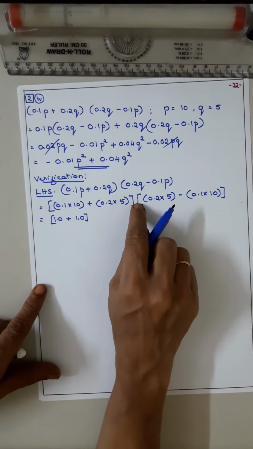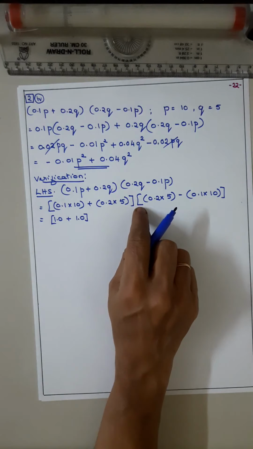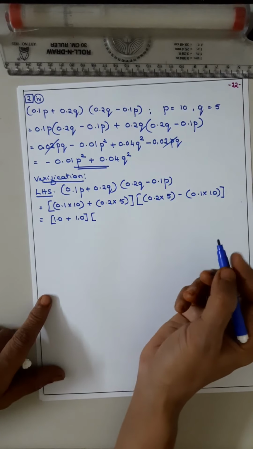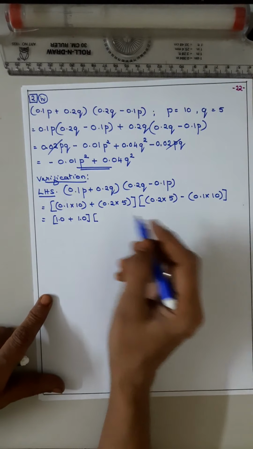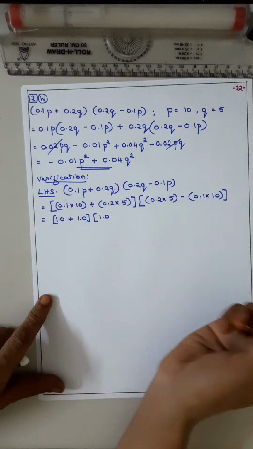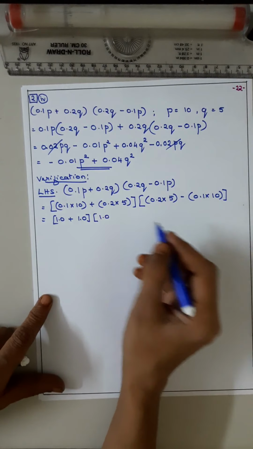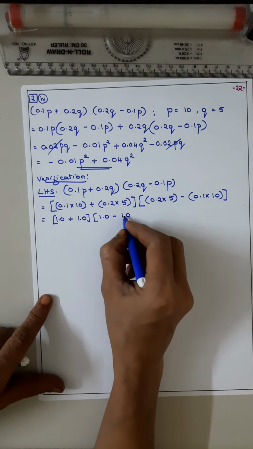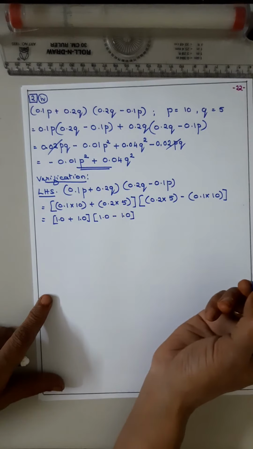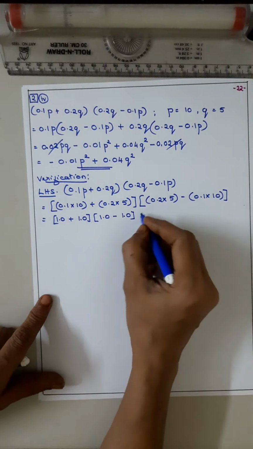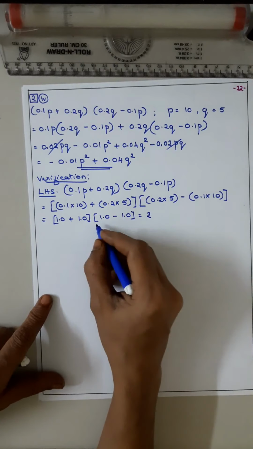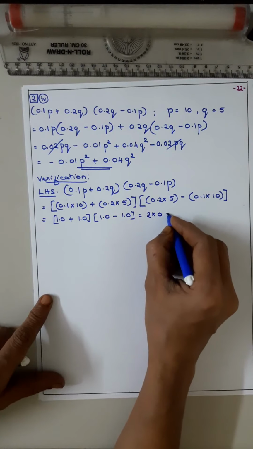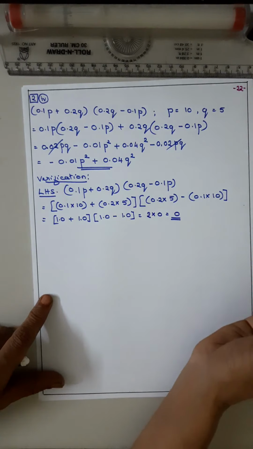Now, here it will be bracket open, 2 5s are 10 and here again it is a minus, 10 ones are 10, 1 plus 1, 2 into 1 minus 1 is 0, so you got the answer 0.